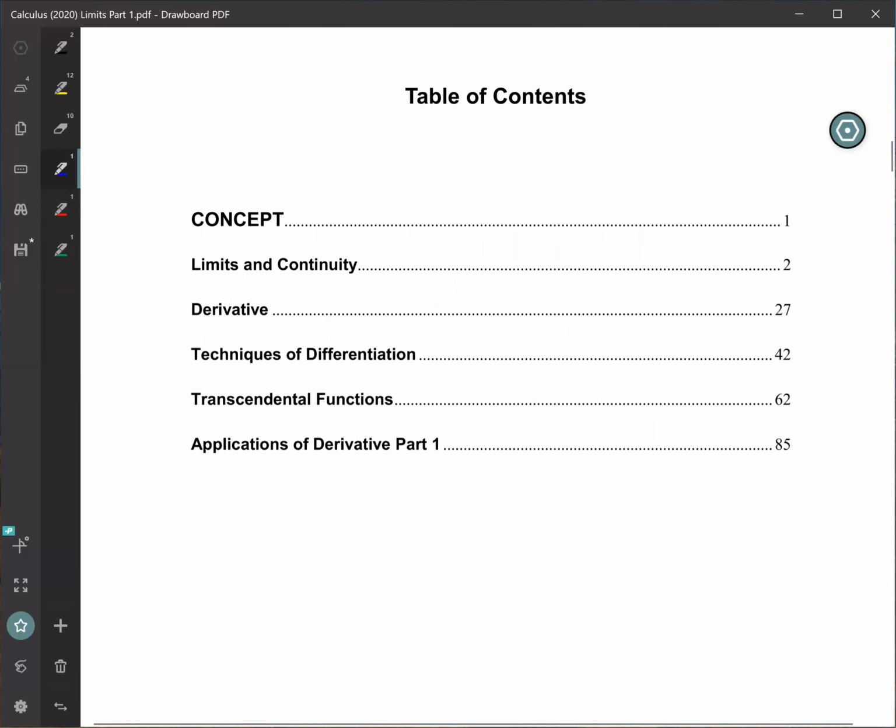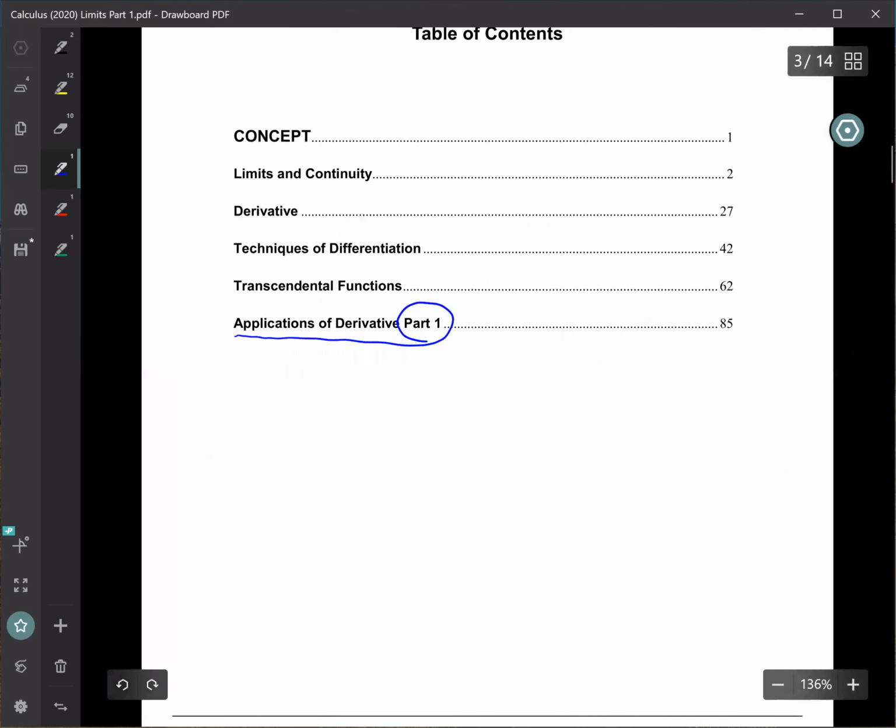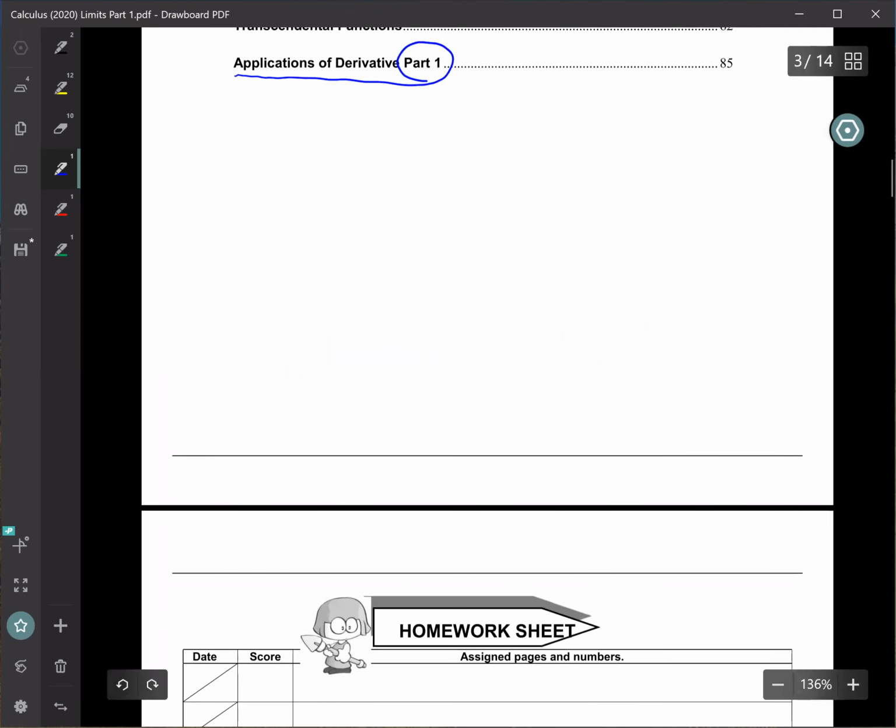That sounds very fancy, right? Then after we figure out all the techniques, we start to have applications. Derivatives have a lot of applications, and they cannot fit in book one, so we put them in book two. Any questions so far? This one is the homework sheet, and then let's start.